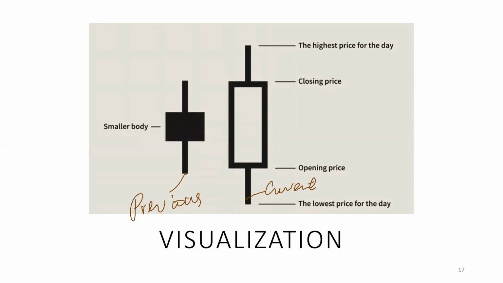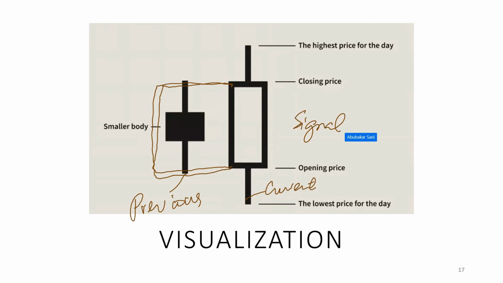If the immediate past candlestick is encompassing, swallowing, or engulfing, that is the word used, the previous one. In this case, for example, you can see the body of this second candlestick completely swallows the body of the previous candlestick, then we know we have gotten our signal.